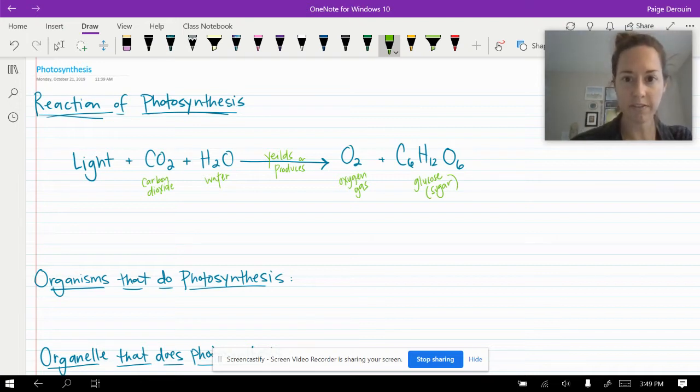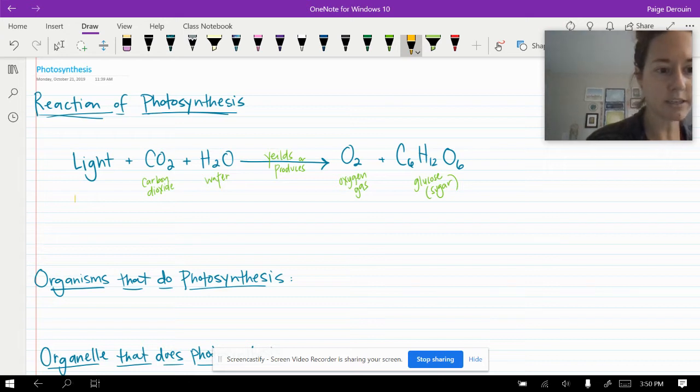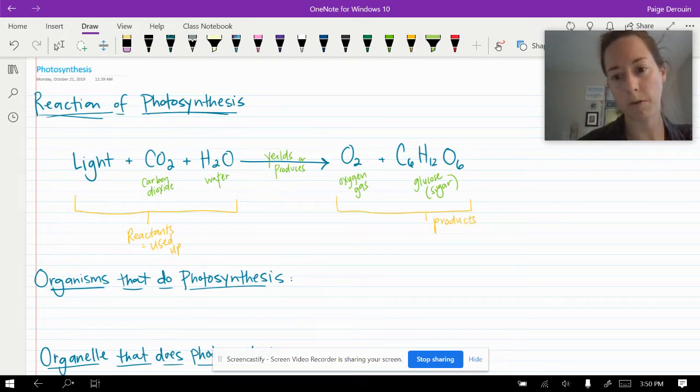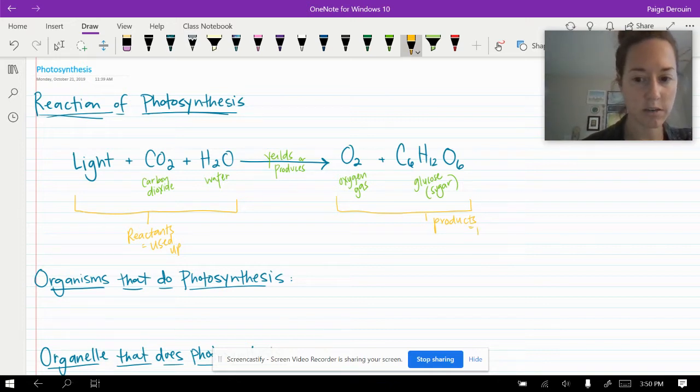Everything that's on the left side of the arrow is called a reactant. So all of these things are reactants. They will be used up in the process of photosynthesis. And all of the things on the right side of the arrow are called the products, which are produced or made or synthesized through the reactions.